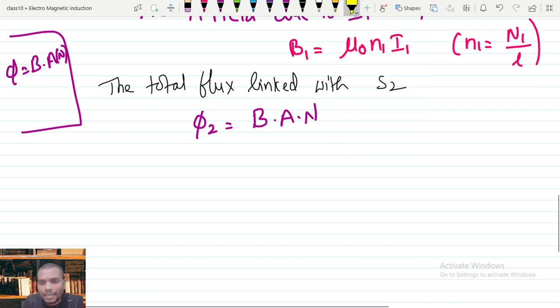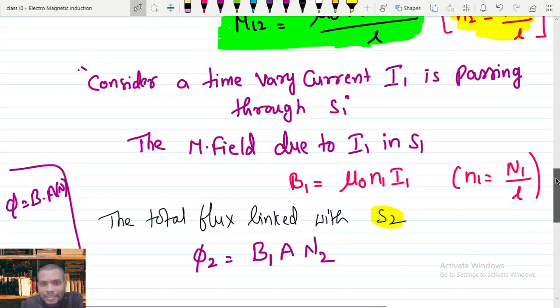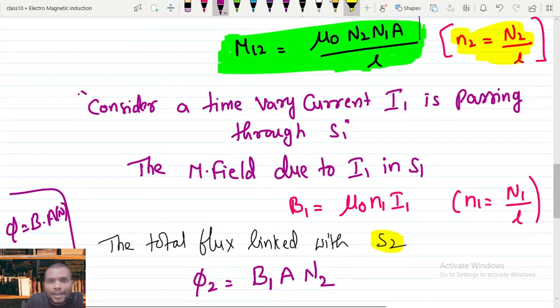So obviously the number of turns becomes N2. There is no problem here to write N2, and A is the area of the coil. And what is the B here? So the B is the magnetic field due to coil S1.